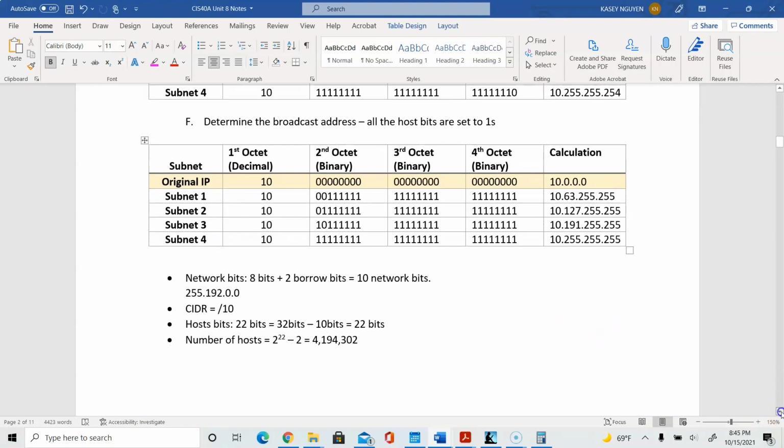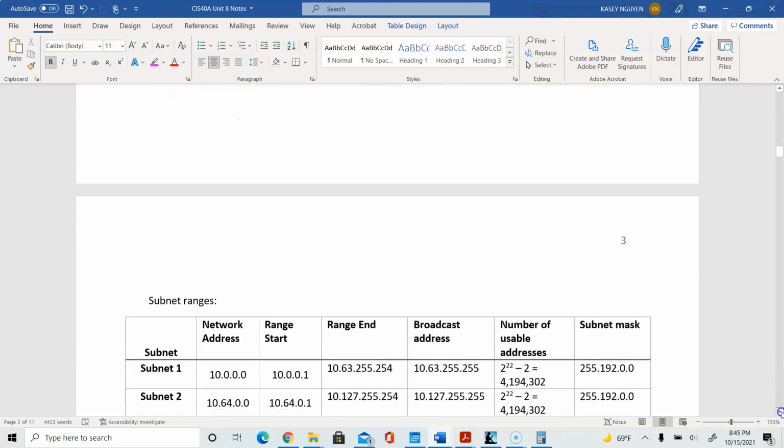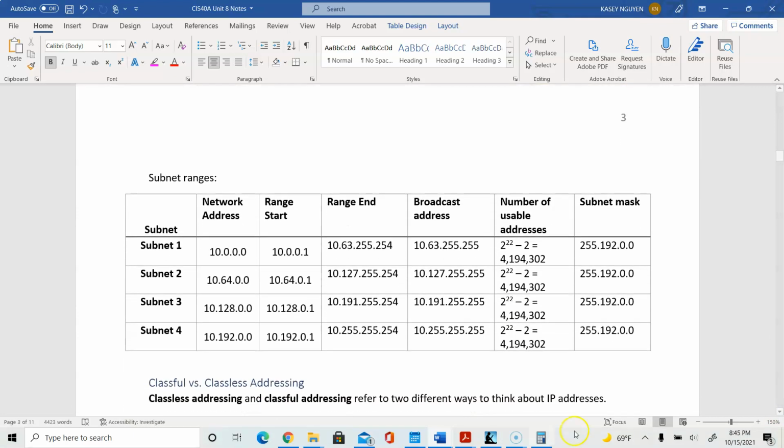So when we put it all together, you would see it would look like this. My subnet 1, the network address is going to be all 0. My range is going to start at 1. My end is going to be 10.63.255.254. My broadcast is going to be 1 bit higher than the other, so it's going to be 10.63.255.255.